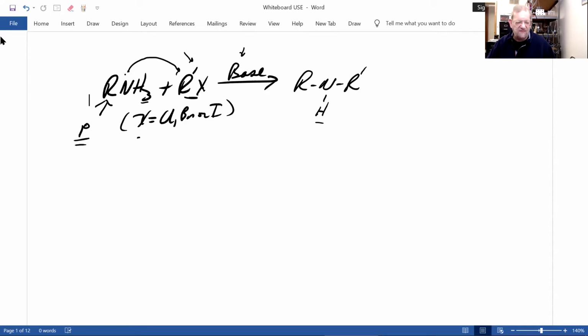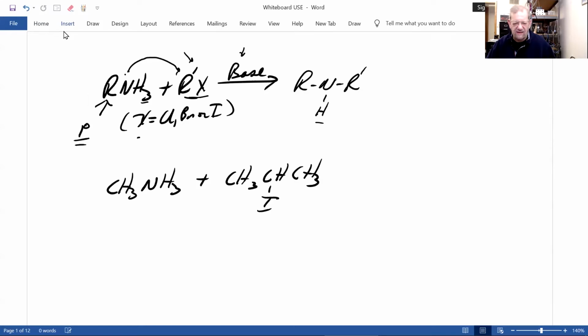You lose this hydrogen from here and this halogen, and you form a secondary amine. Usually you use a very weak base like sodium carbonate.